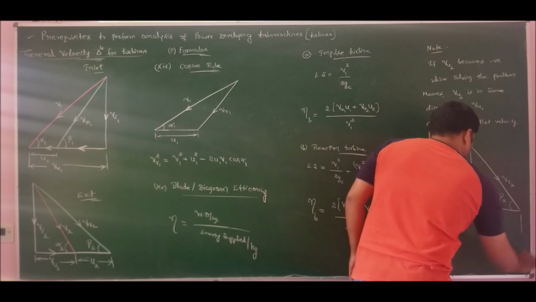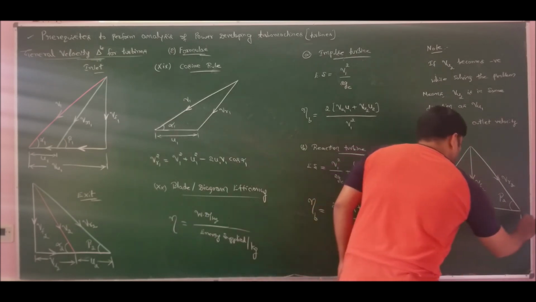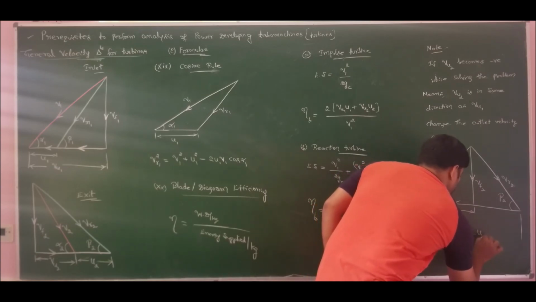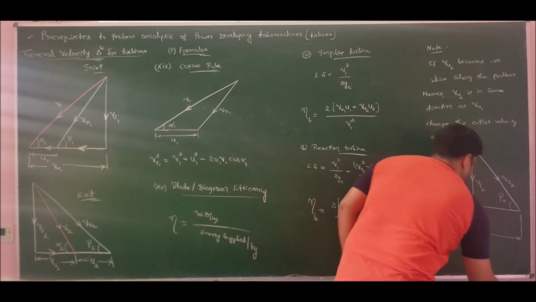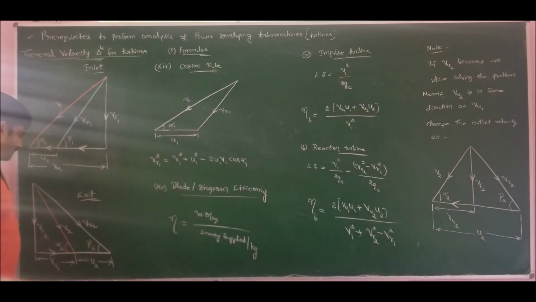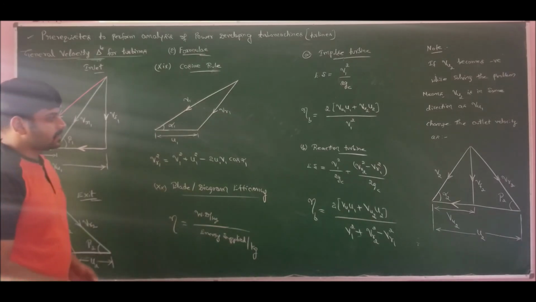Now from V2 to VR2, always V2 is the reference, right? So V2 to VR2 will be U2. So U2 is greater than VU2 in this case, whereas in the other case it might be greater or less.